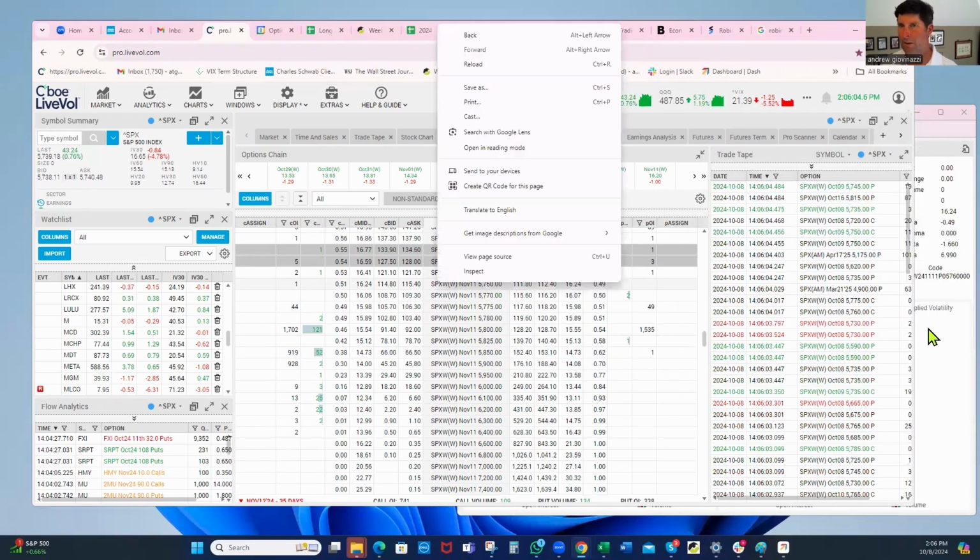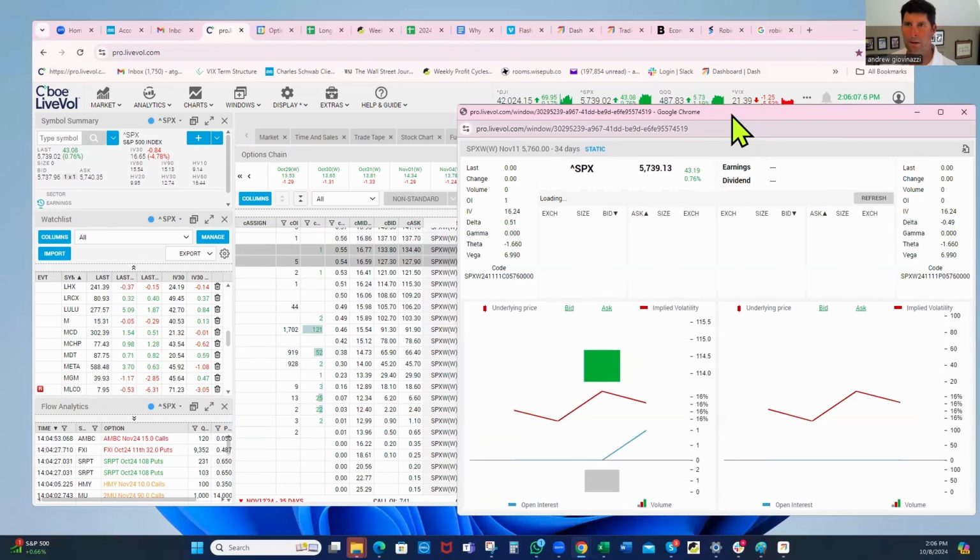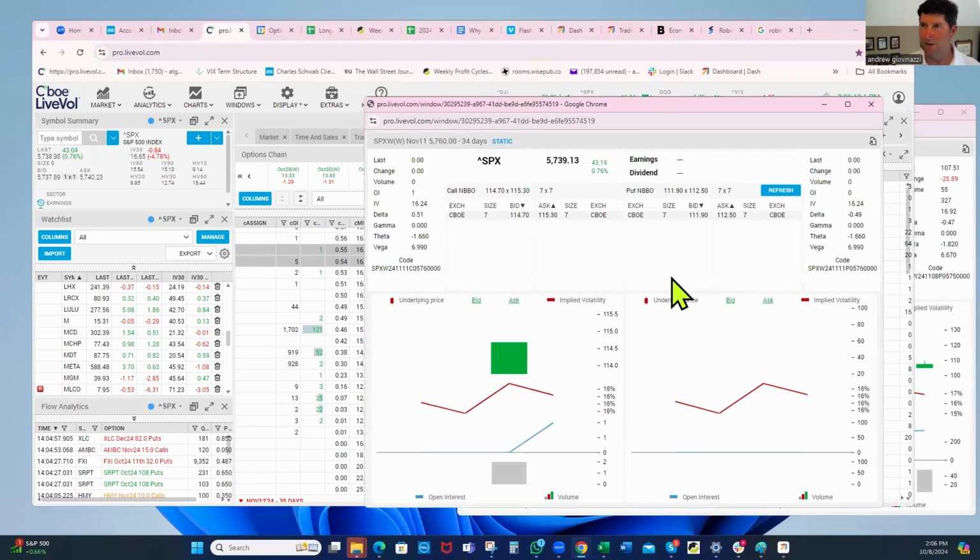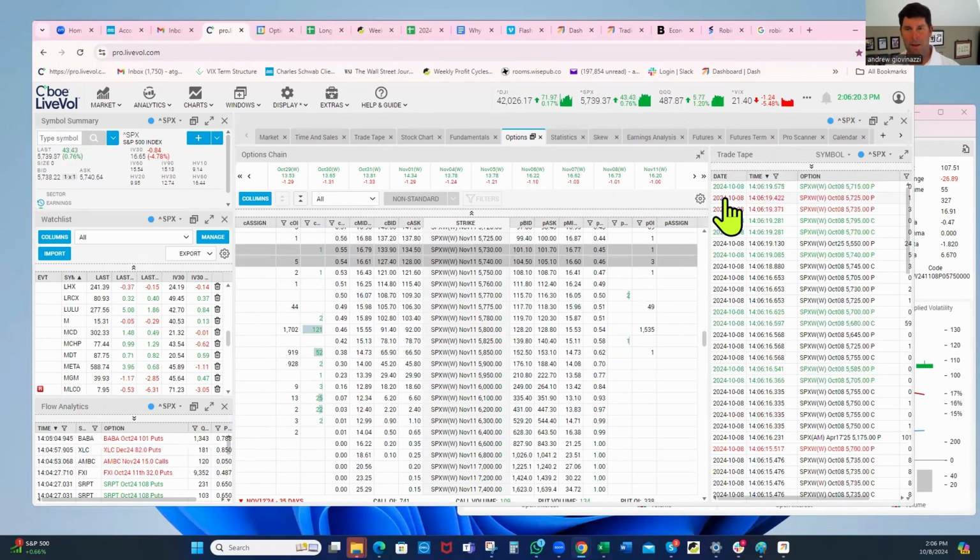Oh, there we go. So I have data 166. So the straddle is decaying at $3.20 per day. So basically what that means, every day $3.20 is going to come out of the straddle.